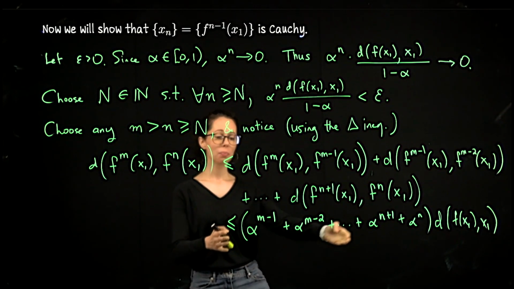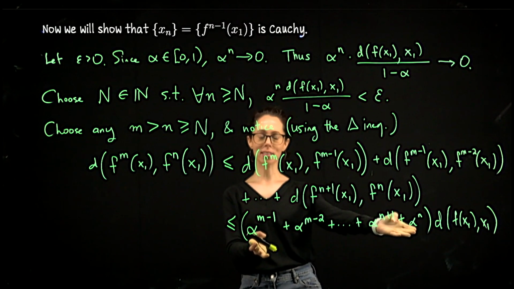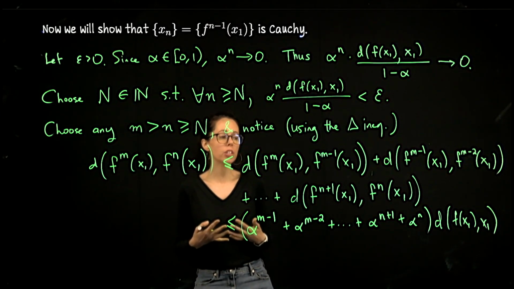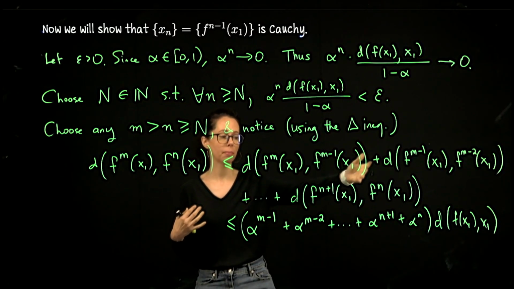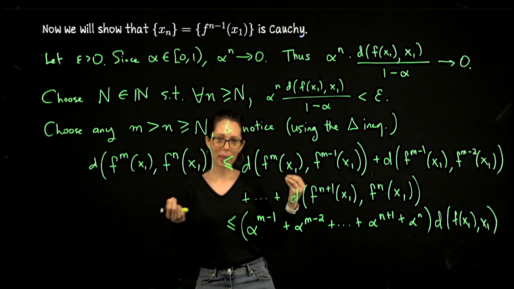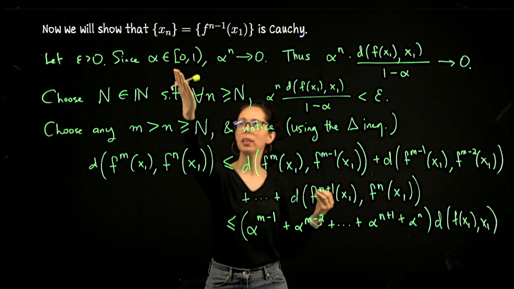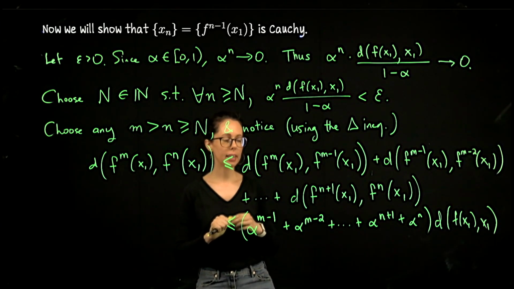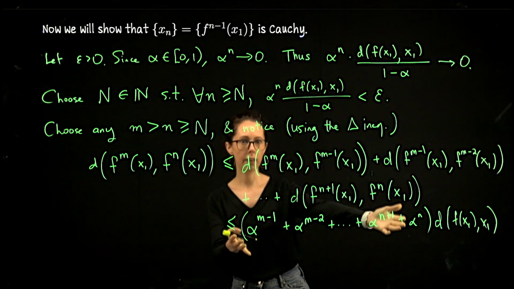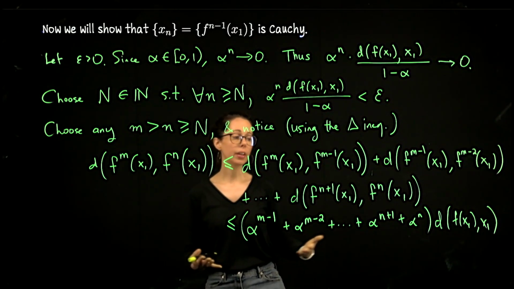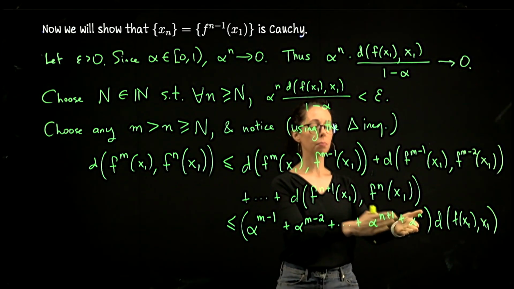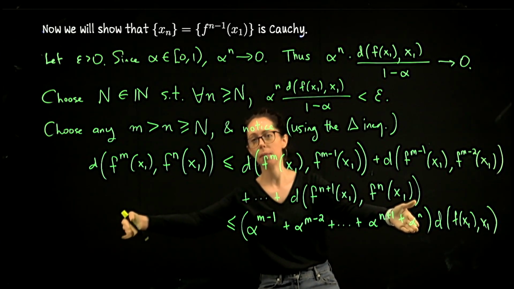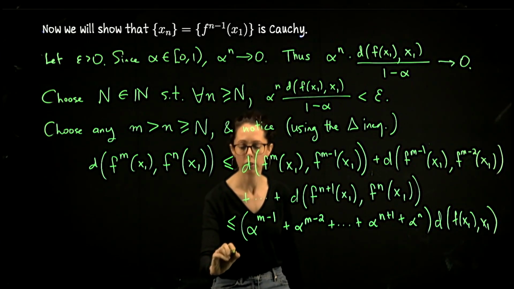This looks like part of a geometric series. It's not the whole series, but it's part of the addition that you would do if you did the geometric series alpha to the n. Alpha, the base of our geometric series, we know is between 0 and 1, so it's a convergent geometric series. What I'm going to do is say that this part of the geometric series is less than or equal to, if I took alpha to the n plus alpha to the n plus 1 plus all the way through alpha to the n minus 1, and I actually kept going to do the infinite tail of the geometric series.